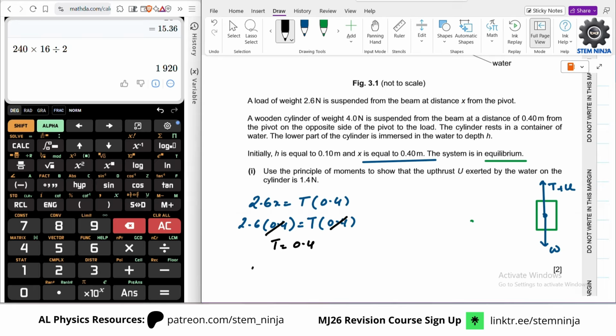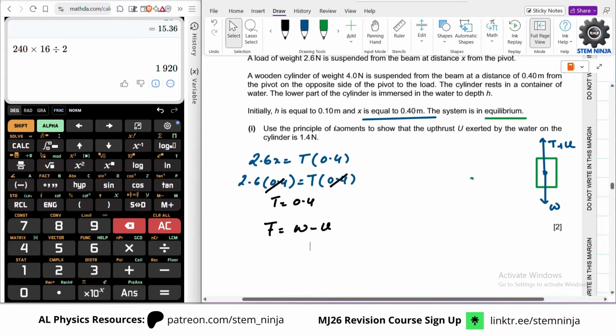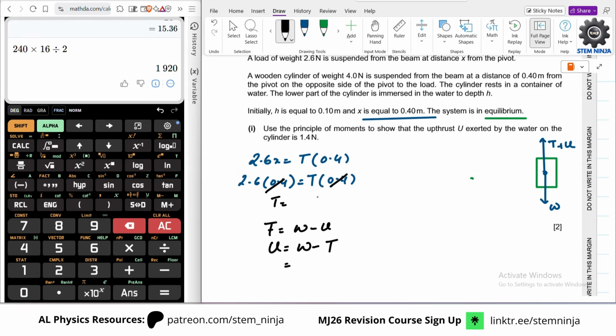Now we write this: tension is equal to weight minus upthrust. So upthrust would be weight minus tension. Weight is 2.6.